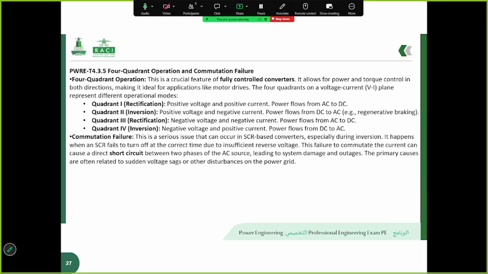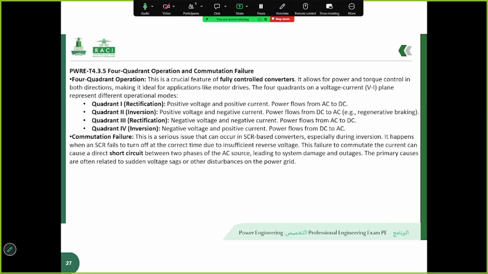The primary cause of this failure is a momentary loss of the reverse bias voltage required to turn off the thyristor, which is often triggered by voltage sags or other disturbances on the power grid.